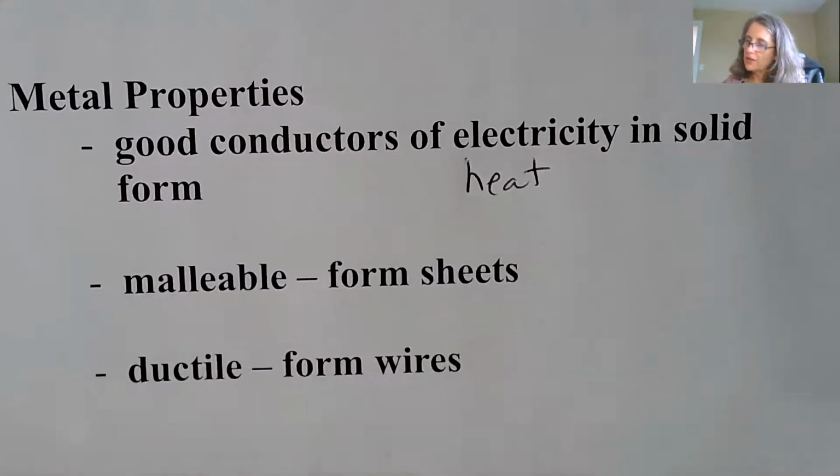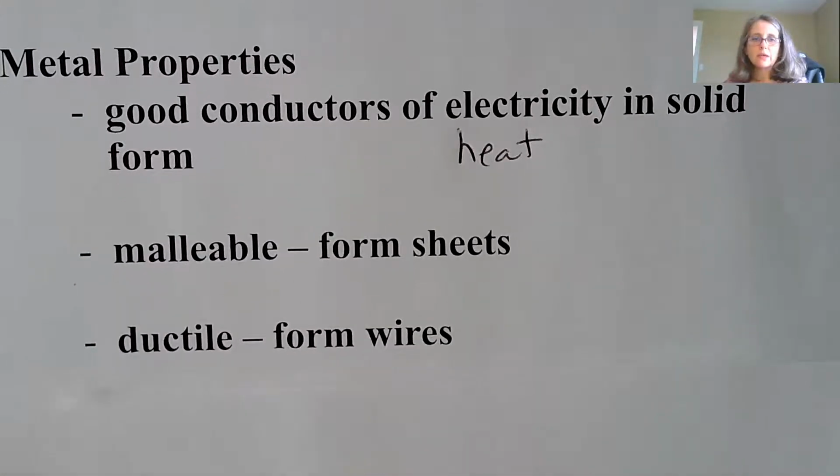There are two other words that you might not know, or maybe you know. If I take a metal and push it into a sheet, like a piece of aluminum foil, that is what we call malleable. So the metal is malleable. If it is something that can be drawn into a wire, that is called ductile.